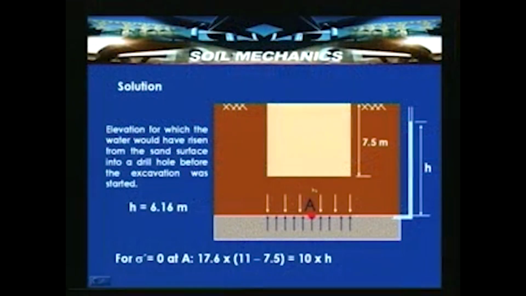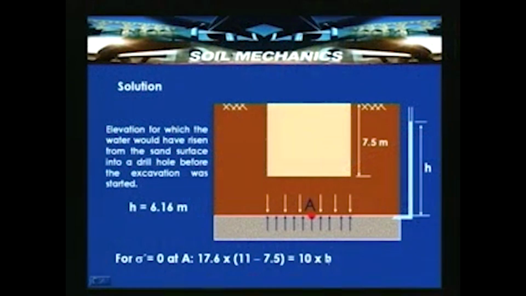Now, at this point, the remaining soil is 11 meters minus 7.5, so around 3.5 meters of soil is resting there when the excavation has reached 7.5 meters. For the boiling or quick condition, we say sigma dash is equal to 0.